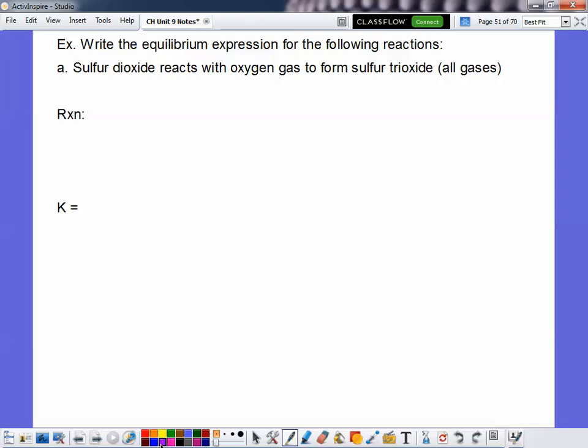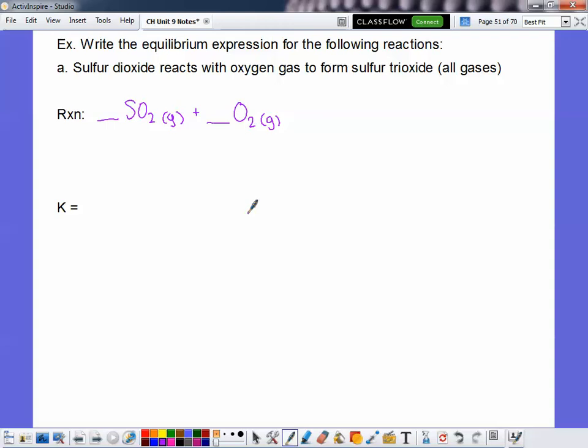What are our reactants? Sulfur dioxide and oxygen. How do I write sulfur dioxide? SO2, and that's a gas. And that's reacting with O2, which is also a gas.